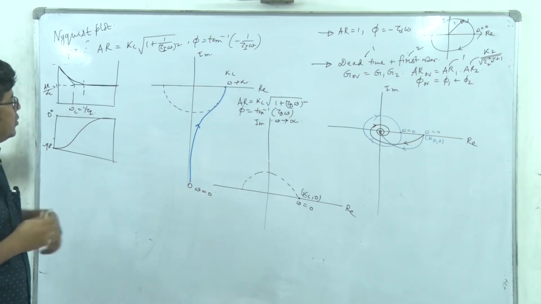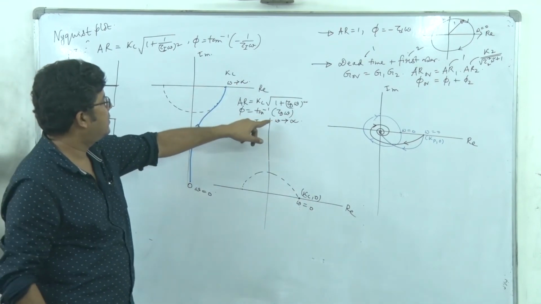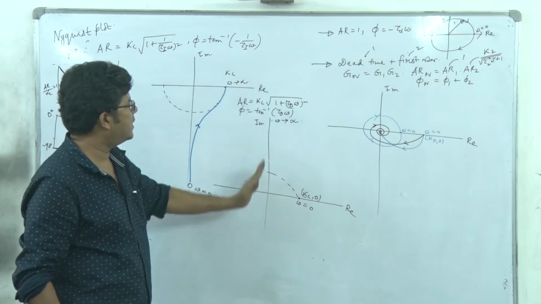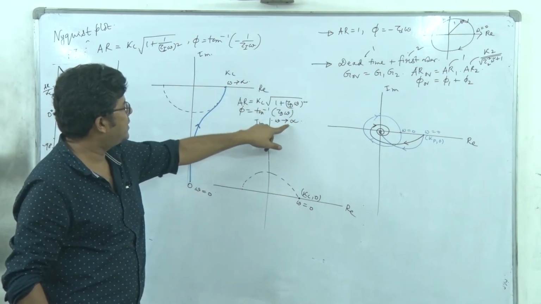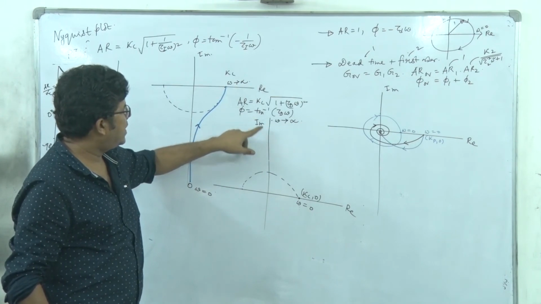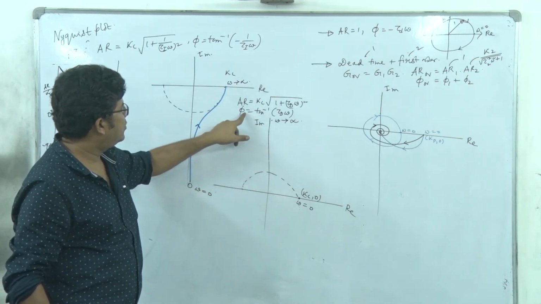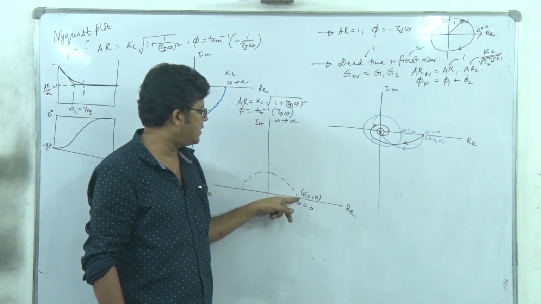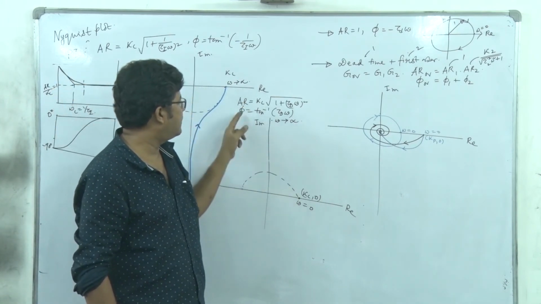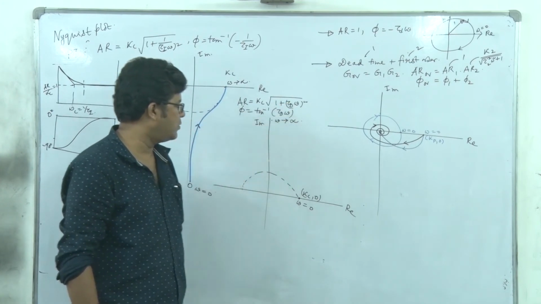Because phi is equal to plus 90 degree, so that is the axis plus 90 degree, and AR tends to infinity when omega tends to infinity, and we have this AR is equal to Kc and phi is equal to 0 when omega equal to 0.